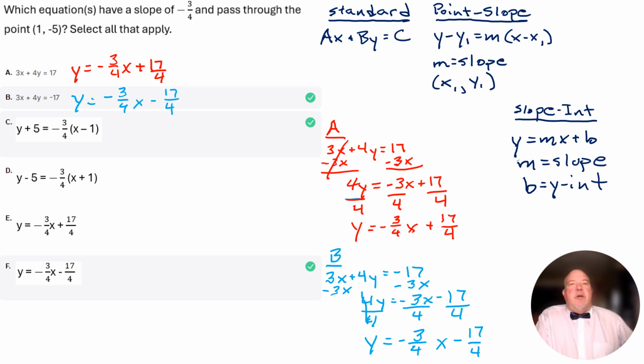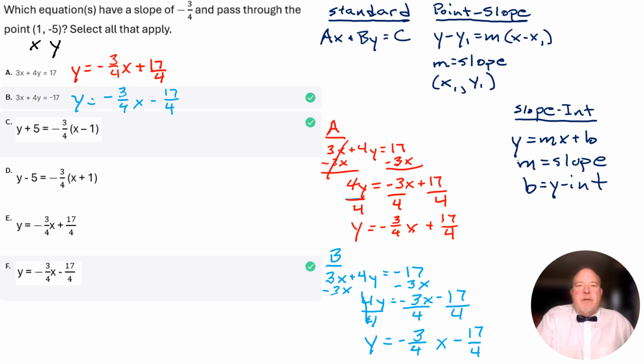Okay, so how do we find out if they go through the point 1, negative 5? This is an x and a y value, right? The 1, negative 5. We're going to plug those in and see if the equation comes out to be true. And if it does, then that means it goes through that point.